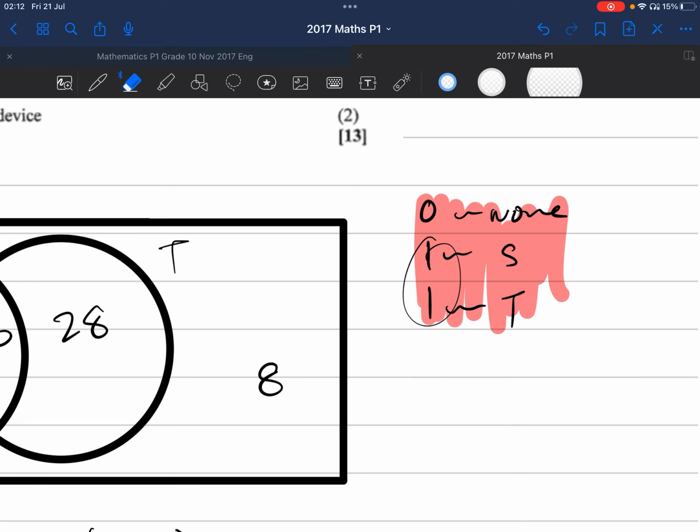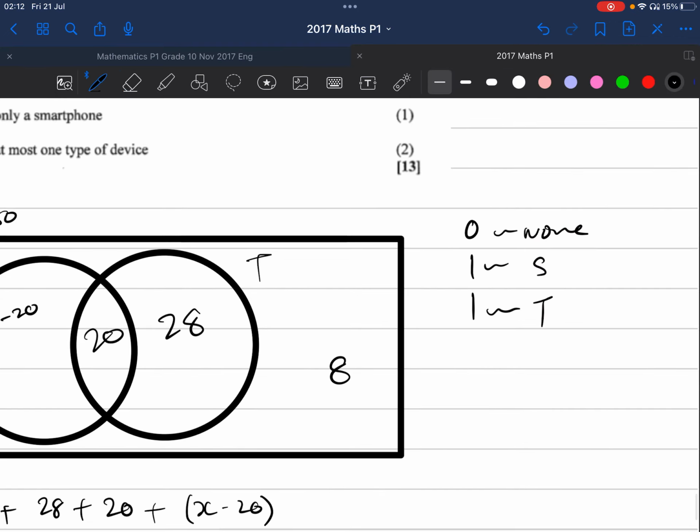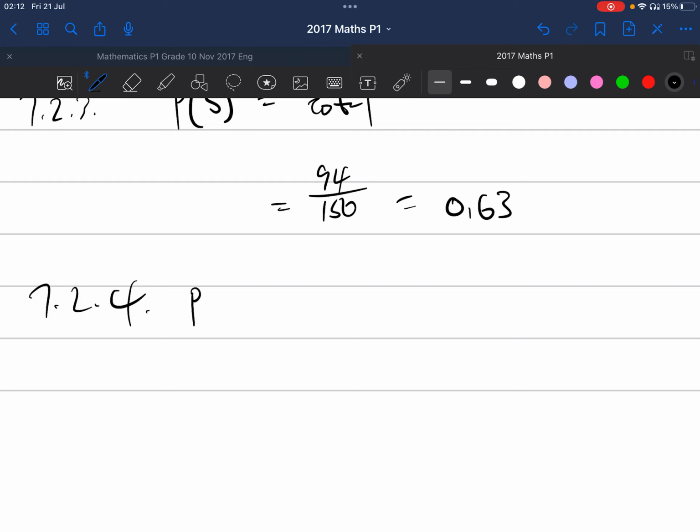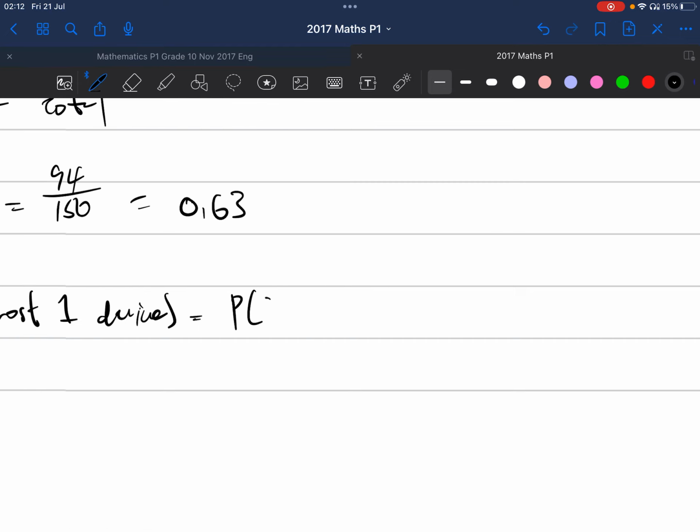So that means we have to find the probability of owning each of these and then add them together. Okay, so the probability of at most one device is equal to the probability of a smartphone only plus the probability of a tablet only plus the probability of none, right?